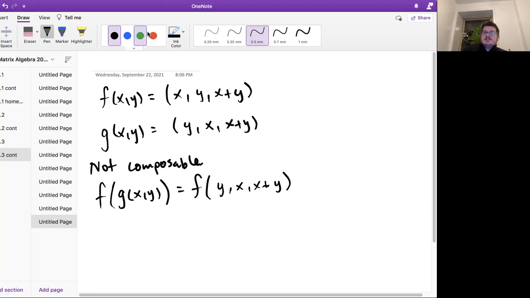It's not anything to do with these, but look at what F of x, y takes as input. There are too many inputs, right? F only takes two inputs, but G outputs three things.